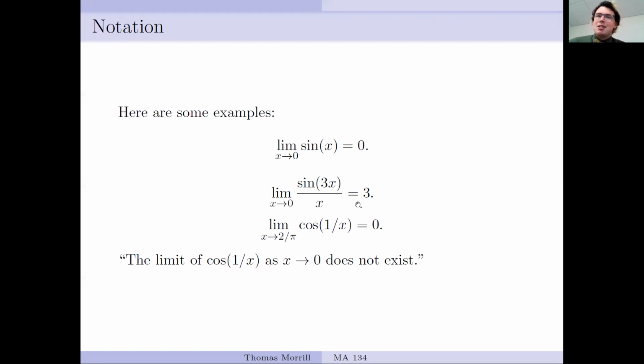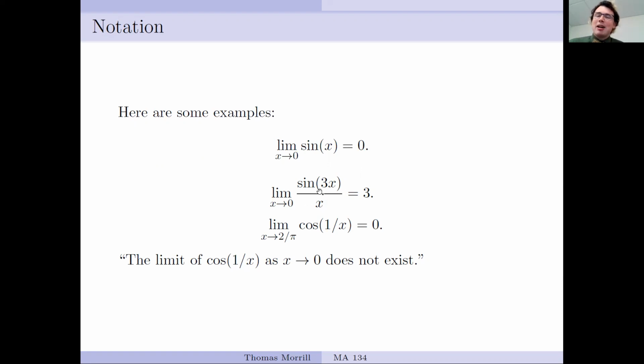The second one of these is my rational function. The limit of the function sine of 3x divided by x as x approaches 0 will equal 3. Even though this formula does not allow me to just plug in x equals 0.